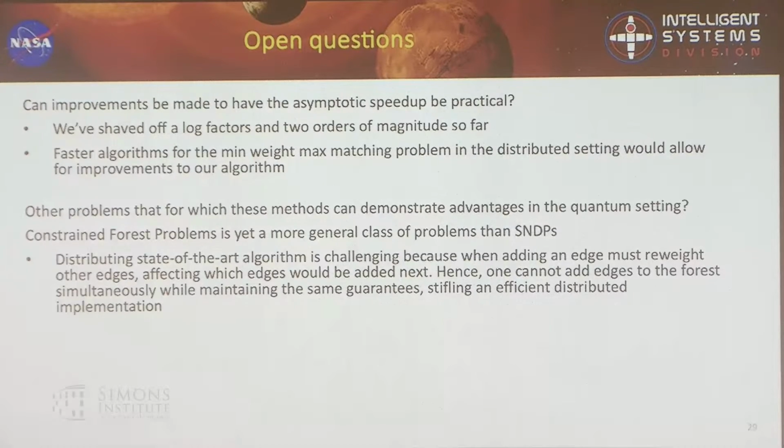And so that affects which edge would be added next. And so that poses a challenge for distributing, in that one can't add edges to the forest simultaneously while maintaining the same guarantees. There may be a way around it, but we haven't seen it yet.